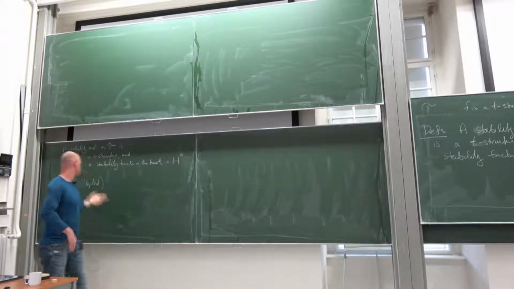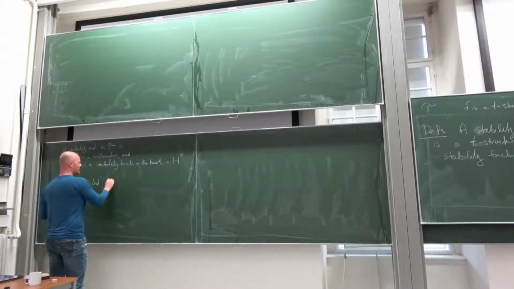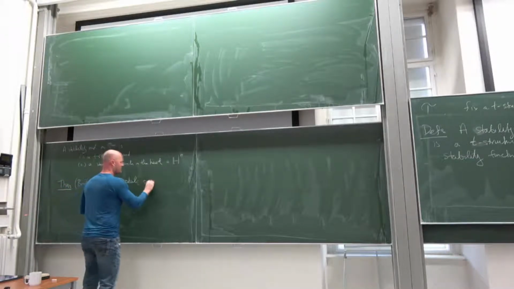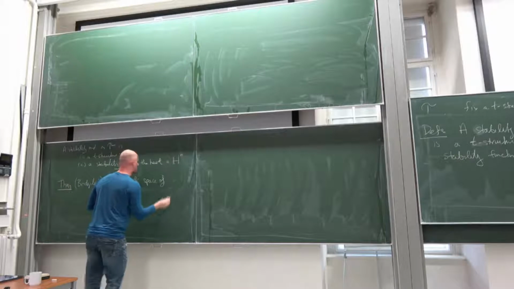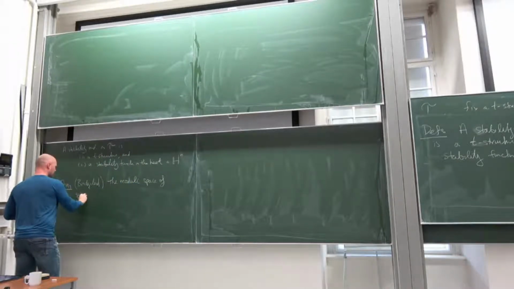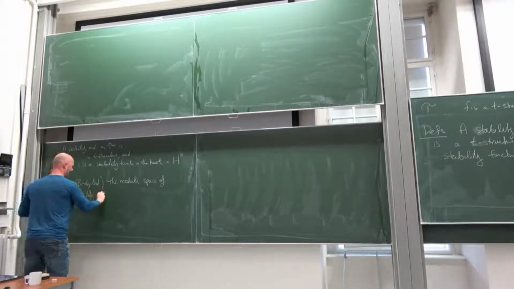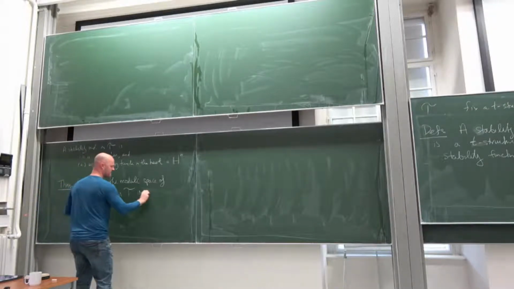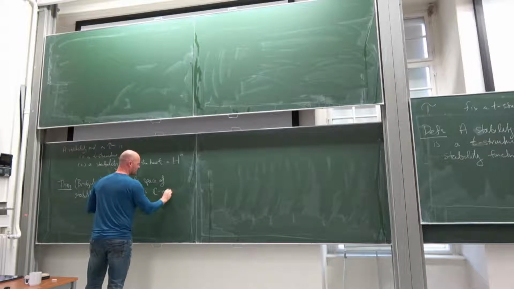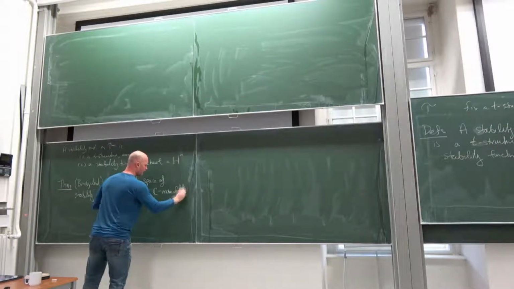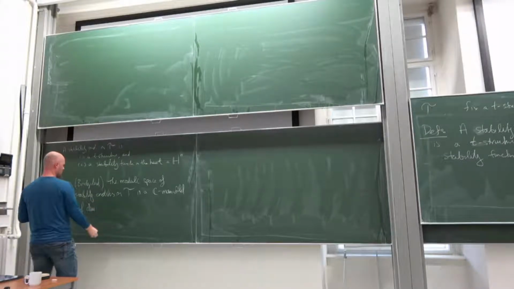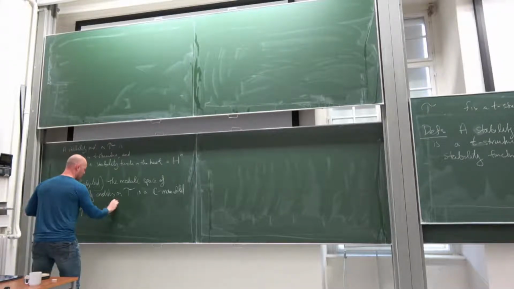So Bridgeland proves that the moduli space of stability conditions on T is a complex manifold without corners of dimension the rank of the Grothendieck group.